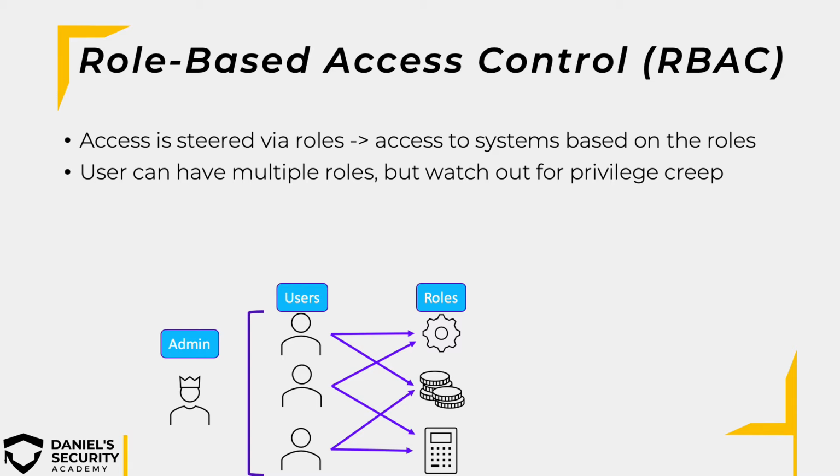So he moves from accountant to network engineering. And what you need to make sure is to delete the old roles and permissions the user had as an accountant and grant him only the new ones as a network engineer.